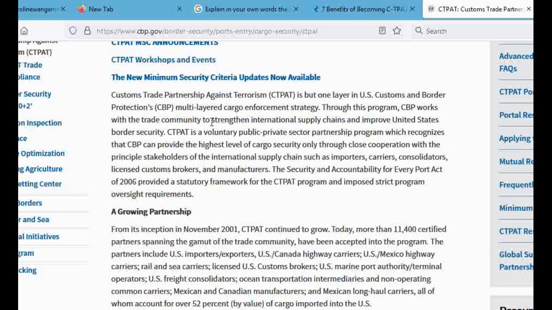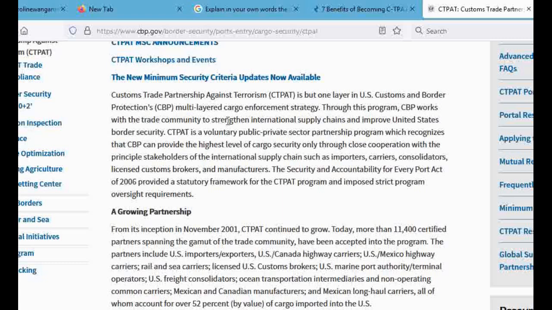It's run by US Customs and Border Protection. It's a multi-layered cargo enforcement strategy. Through this program, CBP works with the trade community to strengthen international supply chains and improve United States border security.